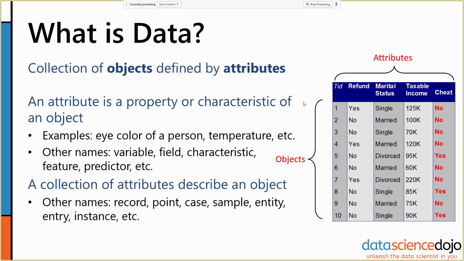You'll see them called records and points and cases, samples, entities, entries, instances, and many more. You'll also see a set of data called a data set, but sometimes it'll be called a table, and sometimes you'll just hear, oh yeah, we have our data, referring to the set as a whole.